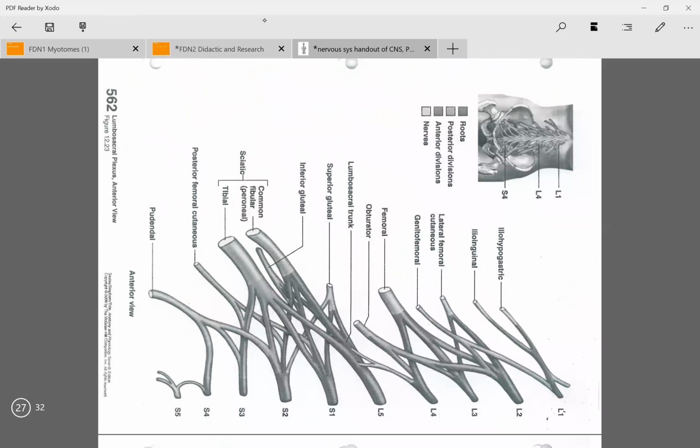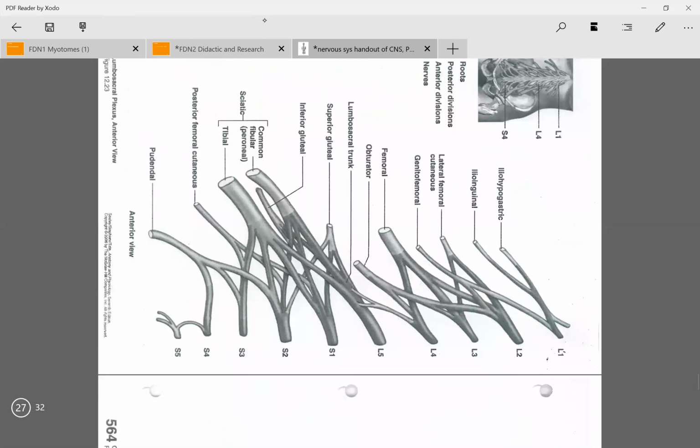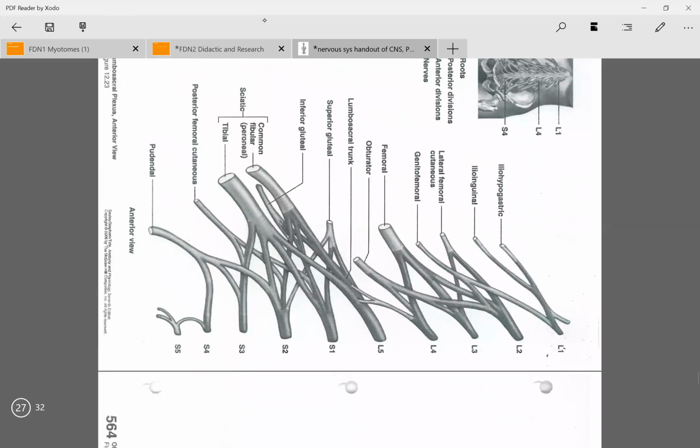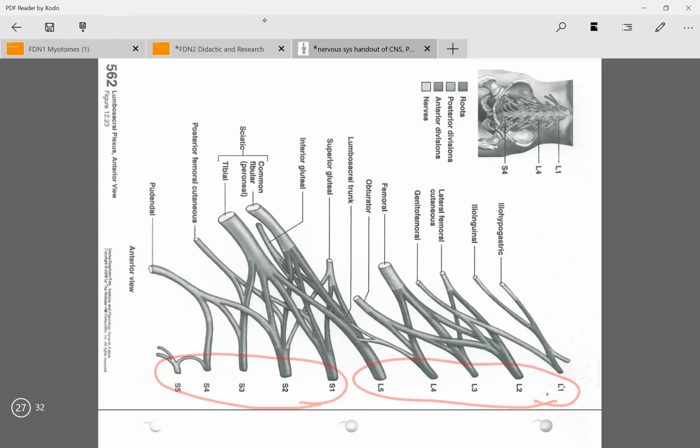Okay, lumbar spine. The lumbar plexus, L1 through L5. And then the sacral plexus is S1 through S5. The main nerves of the lumbar plexus are the femoral nerve, obturator nerve, sciatic nerve, well, that's lumbar and sacrum, and tibial nerve.